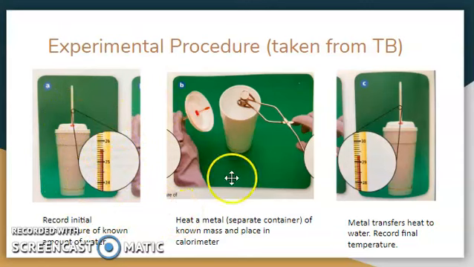Secondly, we heat a metal of known mass in a separate container, and then we place it in the calorimeter where the water already is. The metal transfers heat to the water until they're both at the same temperature, and then you record the final temperature.